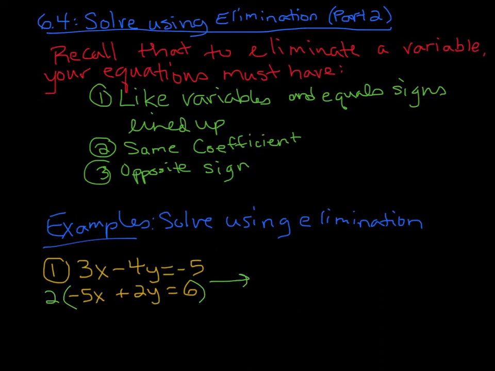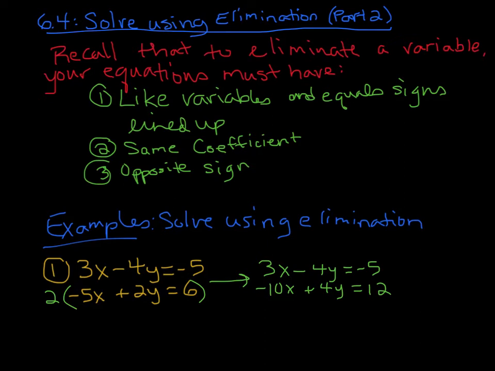So what would happen would be that I would get 3x minus 4y equals negative 5, and negative 10x plus 4y equals 12. Now, suddenly this problem got a lot nicer. So now you might notice that I have some stuff that I can cancel out.